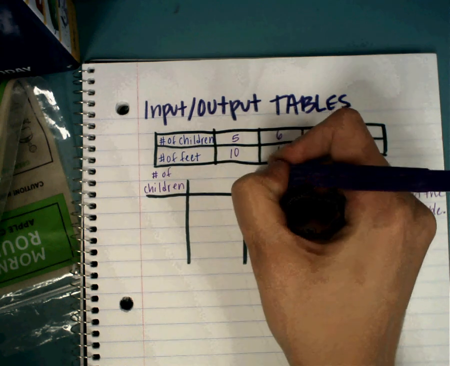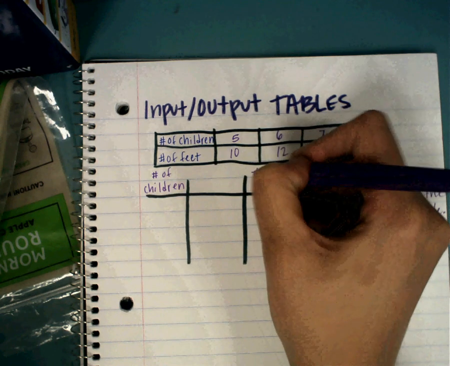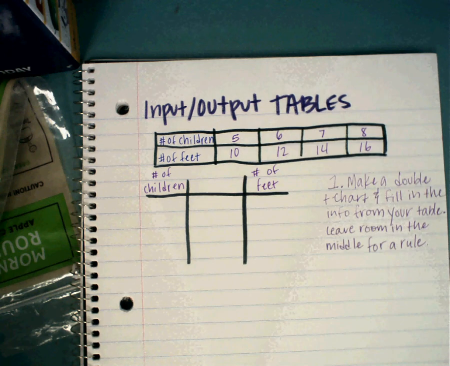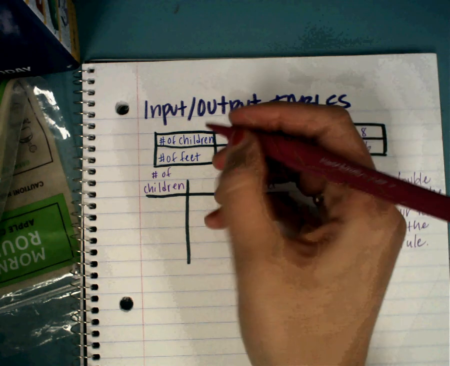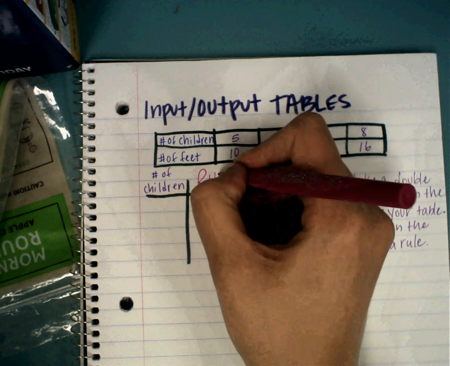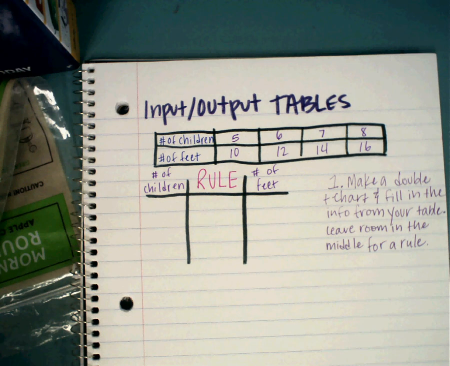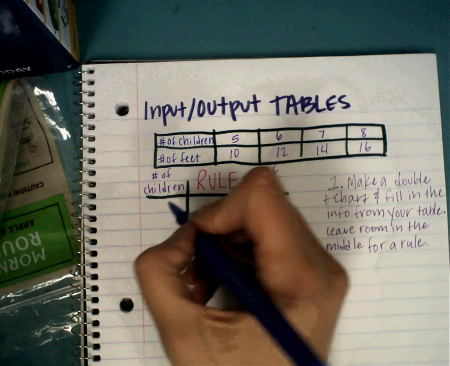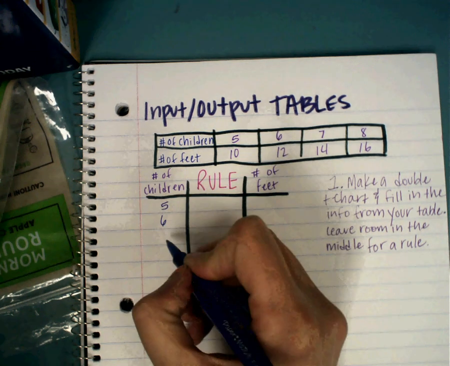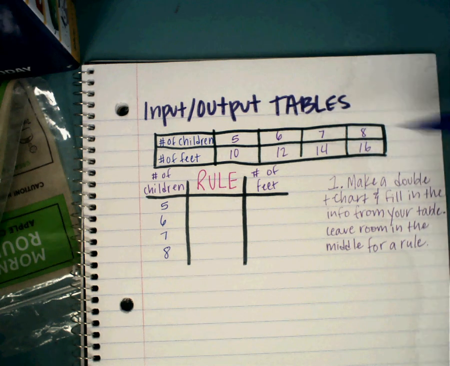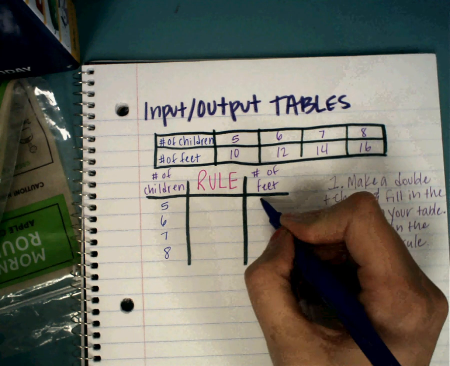And in the middle, we're going to say rule. Okay? In all caps, rule. All right? And then we're going to fill in our information. So we've got 5, 6, 7, 8. You see I'm just copying 5, 6, 7, 8. And then 10, 12, 14, 16.